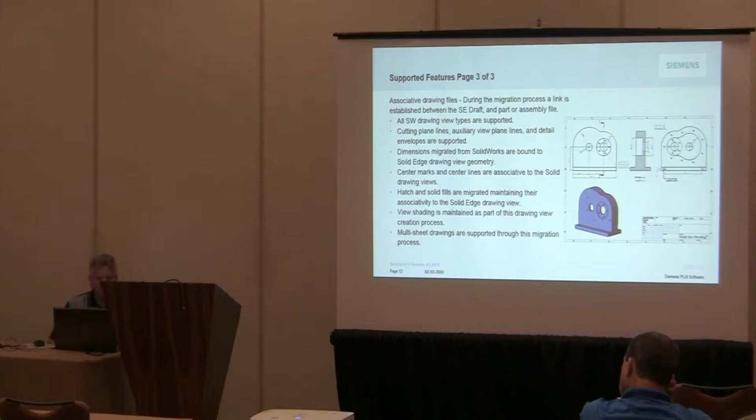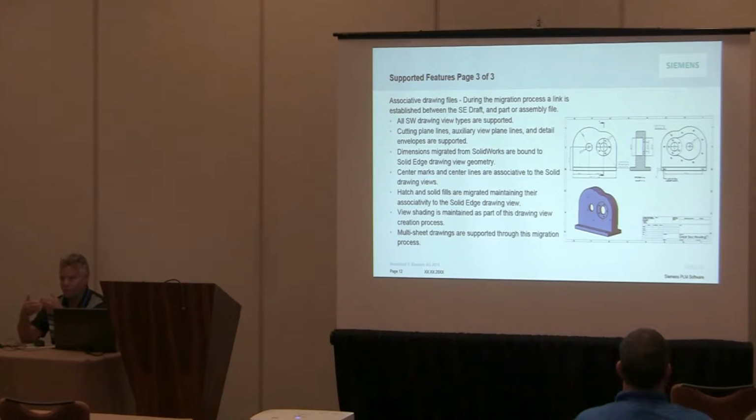So, all the SolidWorks drawing view types are supported. Cutting planes, auxiliary view planes, detail envelopes, those are all supported. Dimensions are migrated from SolidWorks and are bound to the rendered geometry in the drawing view. So basically the dimensions actually come over as part of the AutoCAD translation.